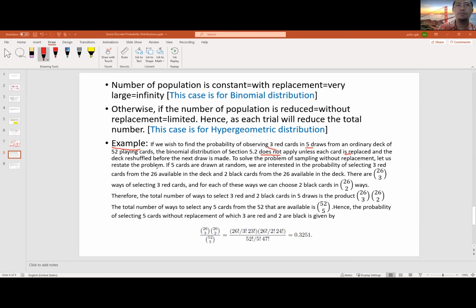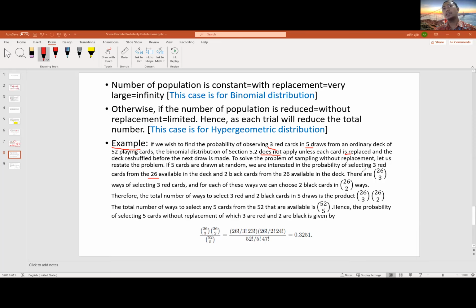Let us restate the problem. If 5 cards are drawn at random, we are interested in the probability of selecting 3 red cards from the 26 available in the deck. Why 3 and why 26?